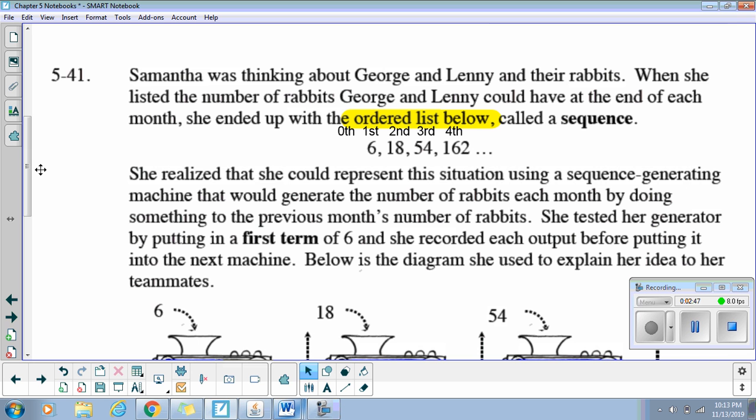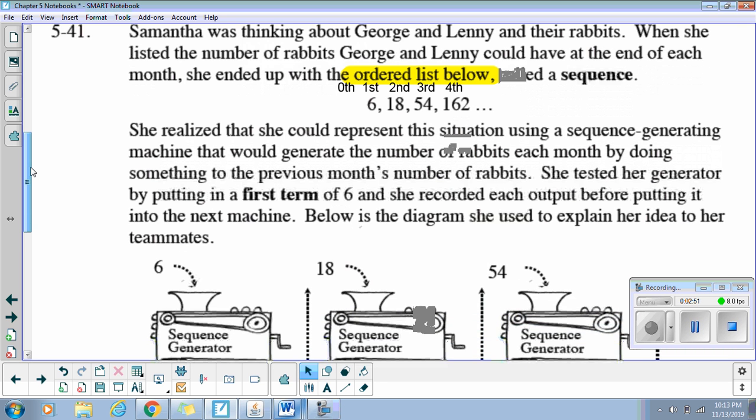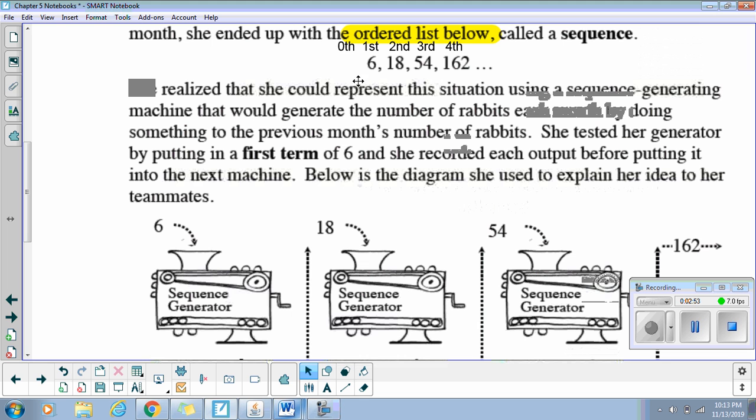Below is a diagram that she used to explain her idea to her teammates. So notice that the first term, so that's the input number 1, and the output is 6. Input number 2, the output is 18. So they don't give us that initial or 0th term like the rabbit situations did.